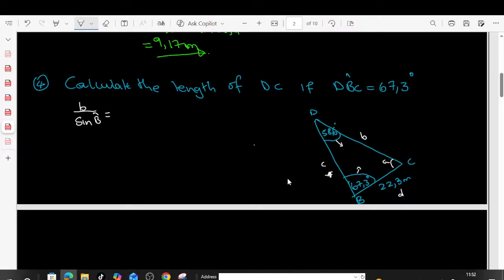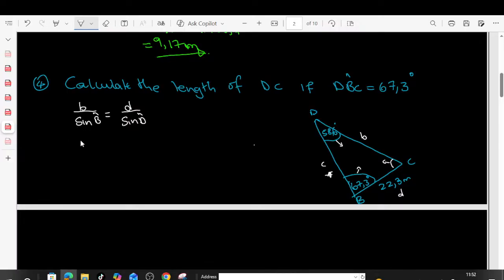I need to choose the one that has both the angle and the side. So this will be small d all over the sine of that angle D.